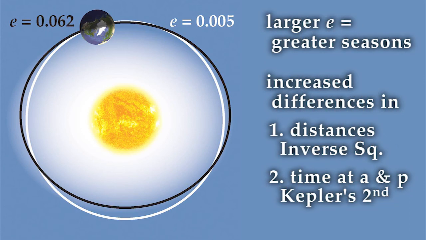As the eccentricity of Earth's orbit increases, the amount of solar energy reaching Earth fluctuates more from summer to winter because of the greater seasonal differences both in the distance between Earth and the Sun, inverse square law, and the time spent at the aphelion and perihelion, Kepler's second law.